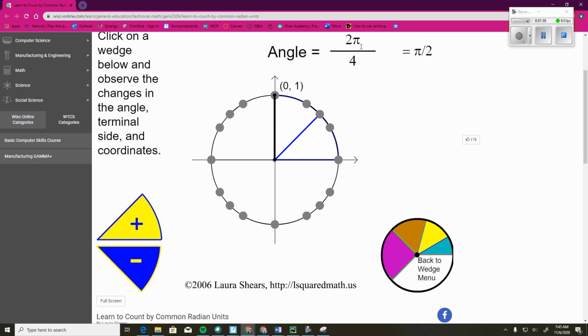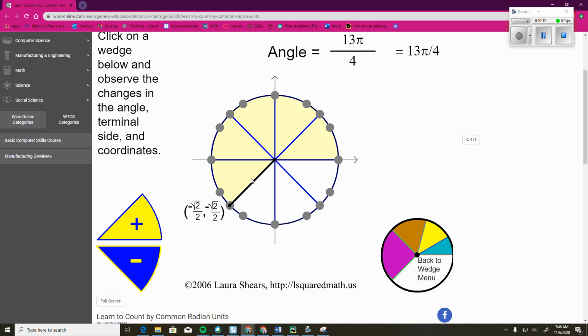The only difference that might confuse people a little bit is that there's a pi here, so it's a little weird doing fractions of pi, but it still works the same way. So 2/4 simplifies to 1/2, 3/4, 4/4, that's why we get 1 pi there, 5/4, 6, 7, 8, and we can keep counting 9, 10, 11, 12, 13. There's 13 pi over 4, and that's the coordinate point that we land on.